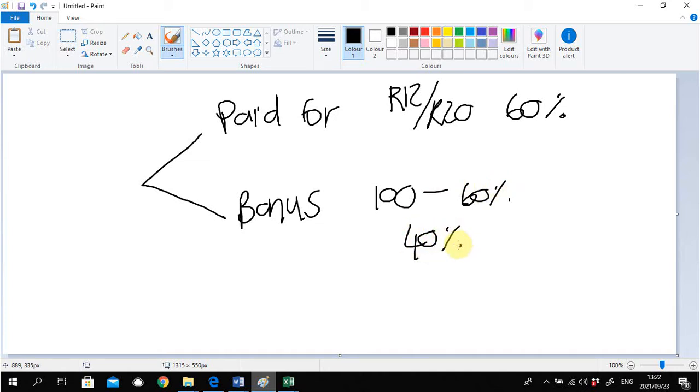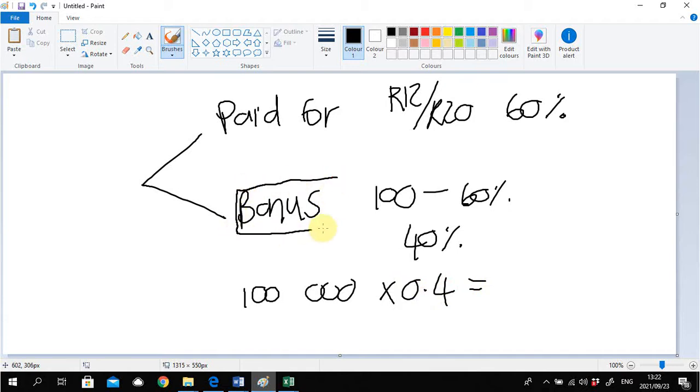And the share options allow us to take up 100,000 ordinary shares. So we're going to take the 100,000 ordinary shares that can be taken up at 40%, which is the bonus, the dilutive element, and that should then be 40,000 ordinary shares that were not paid for due to the share options.